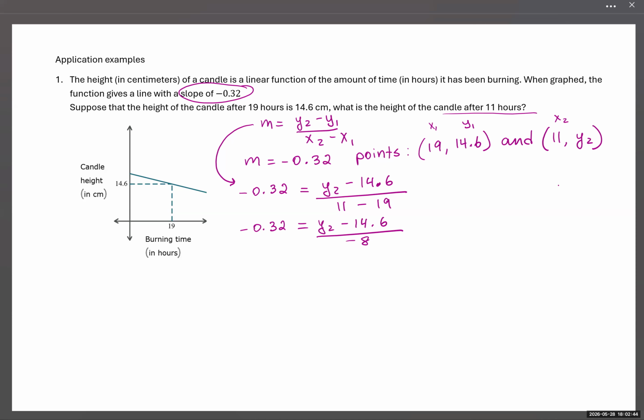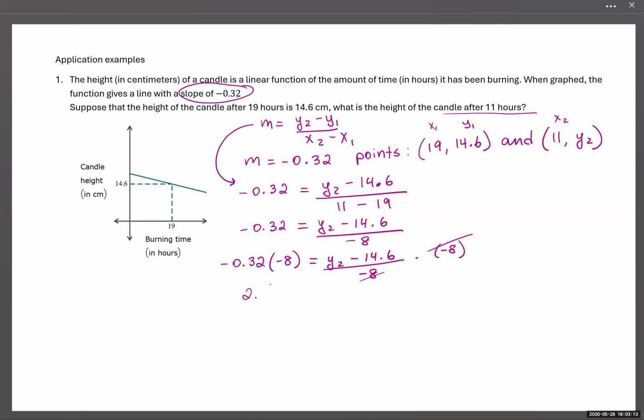We do that by multiplying both sides by the denominator. So it's negative 0.32 times negative 8, and then y2 minus 14.6 divided by negative 8, and then times negative 8. Essentially, this negative 8 and this negative 8 cancel each other out, and you clear that fraction. You don't have to worry about it anymore. Negative 0.32 times negative 8, that is a positive number.